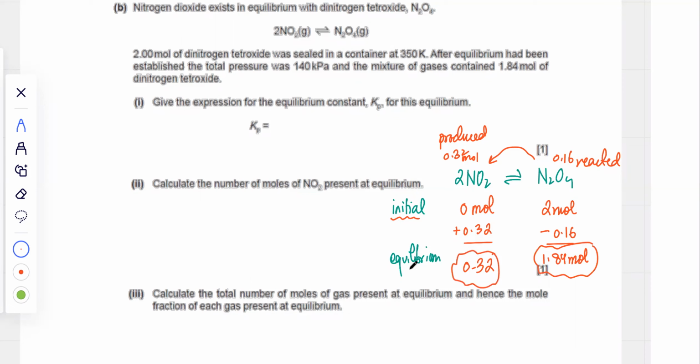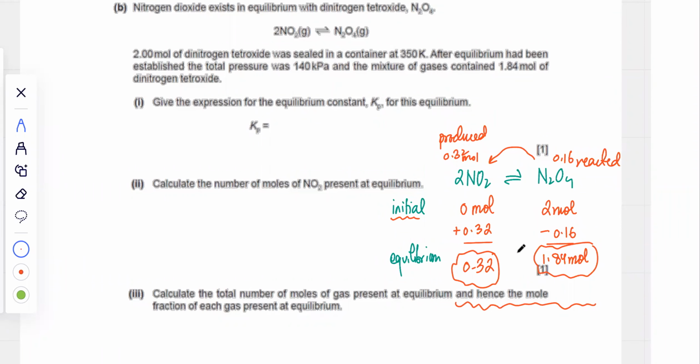Yes. Achha, so you found your equilibrium moles. This is the position of the container at equilibrium. 0.32 moles of NO2 are present, and you have 1.84 moles of N2O4. And after that, he's asking you to calculate the mole fraction of each gas. So these are your total moles at equilibrium.